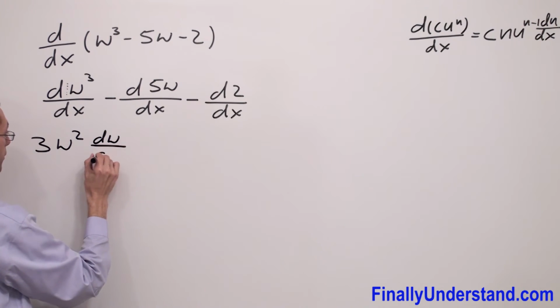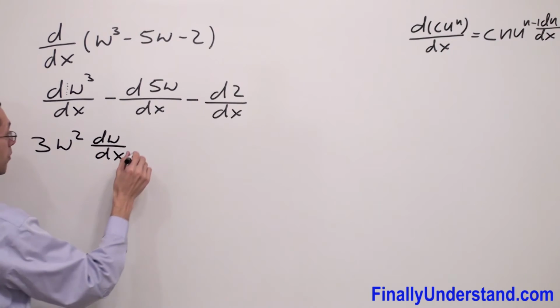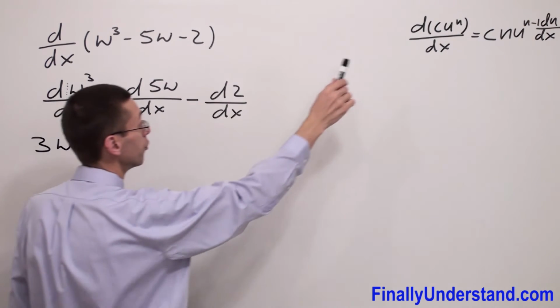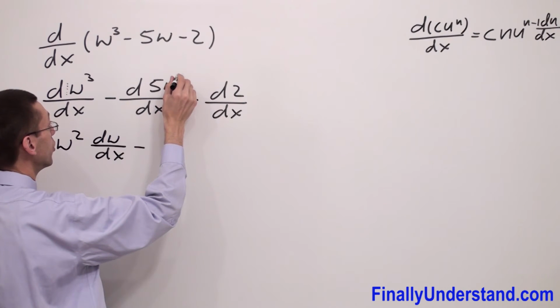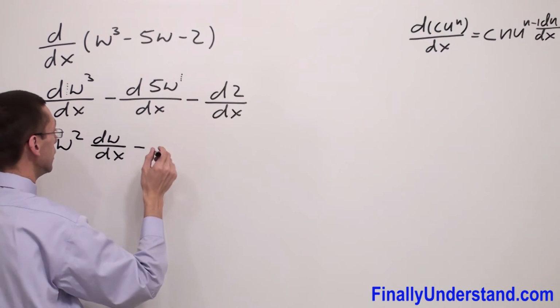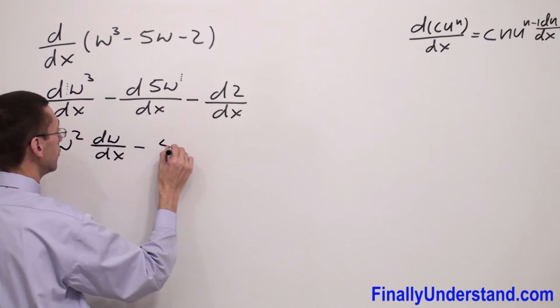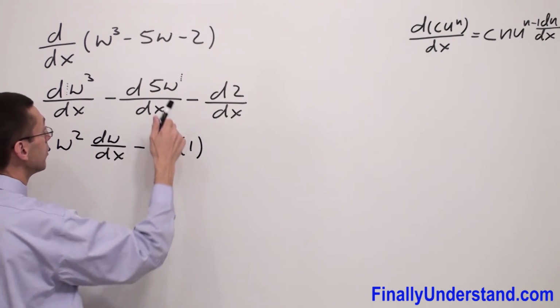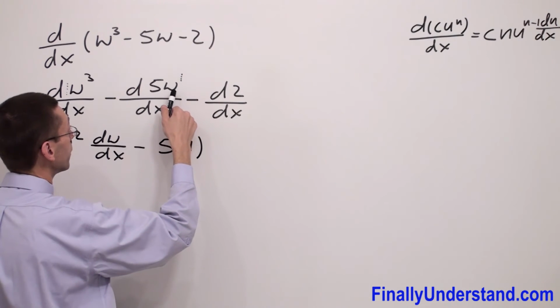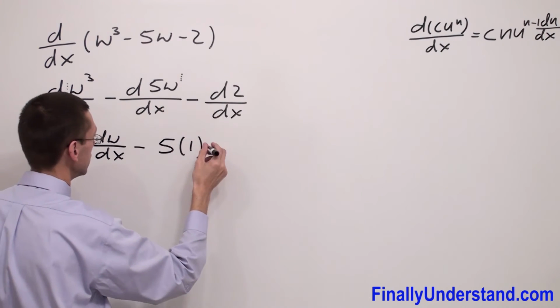dw over dx minus, again, the formula, the constant goes first. Remember, anytime there is no exponent, there is always an invisible one. So I have 5 times 1, and I have w, but let me write this step by step.